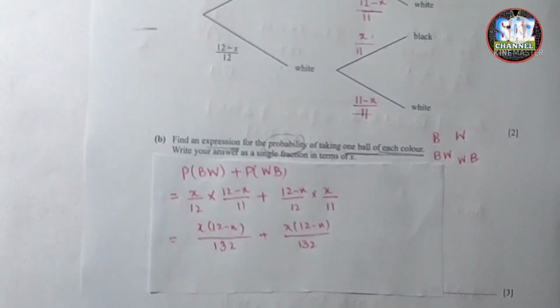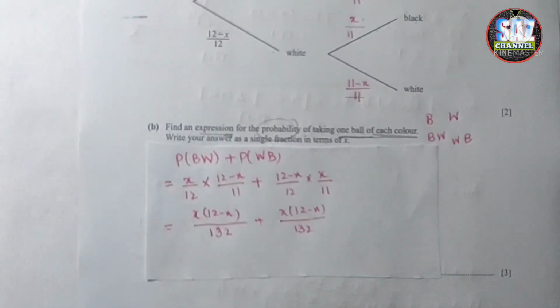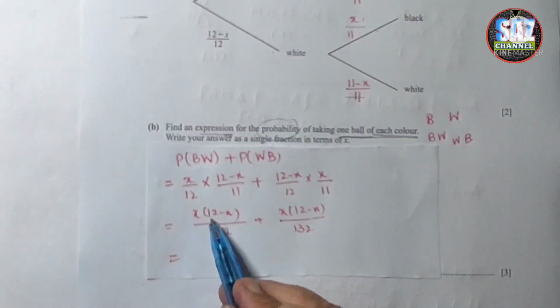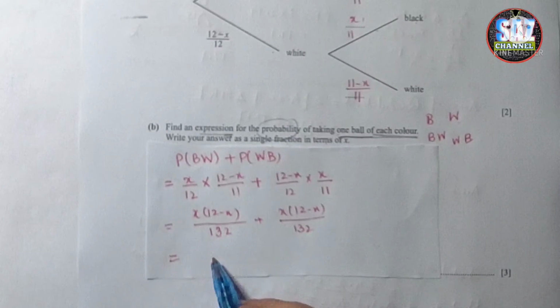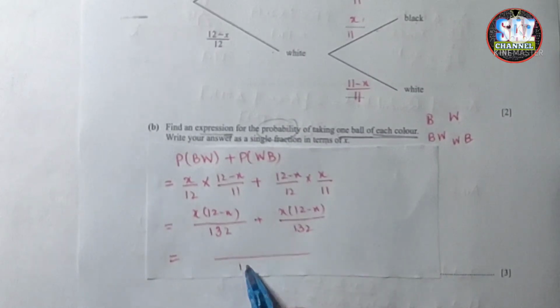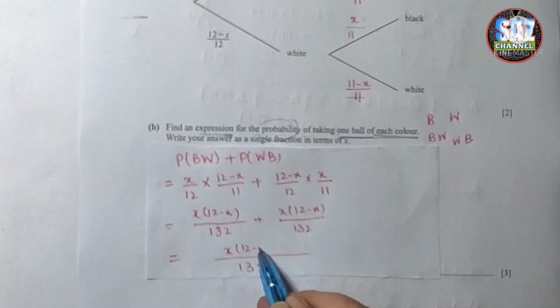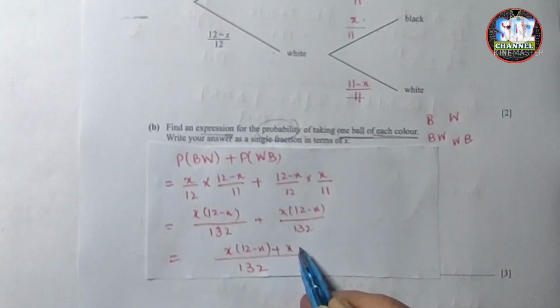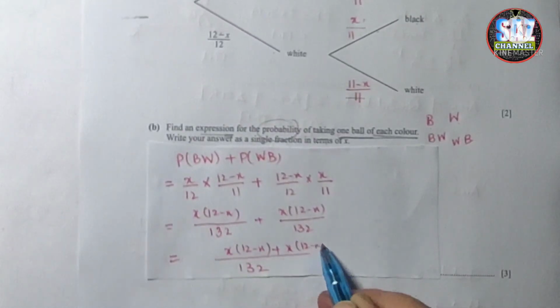Okay, and then let me keep the paper here. What we can do is that we can see that x into 12 minus x is the same, and the denominator as well is the same, 132, and this is x into 12 minus x plus again x into 12 minus x.